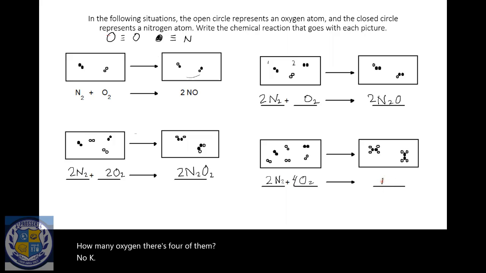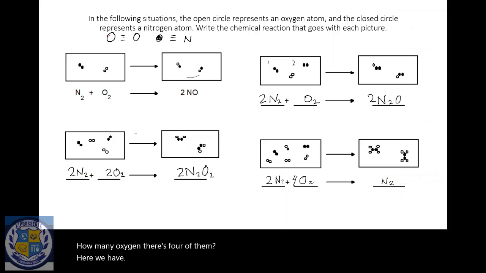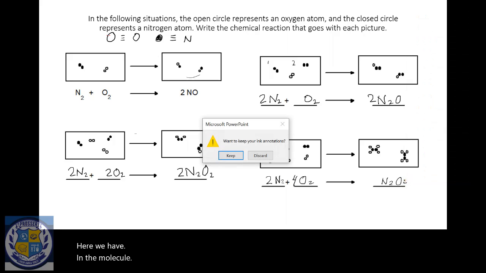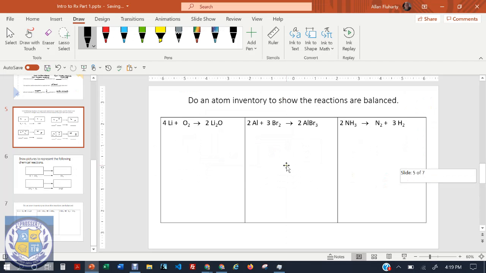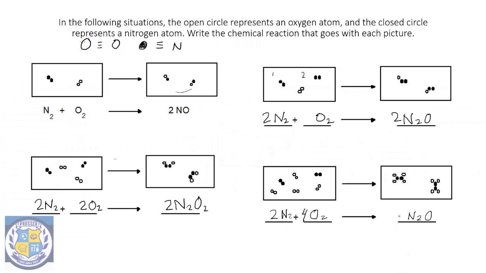Here we have in the molecule and oxygen, there's 4 of them. But there's 2 of them.